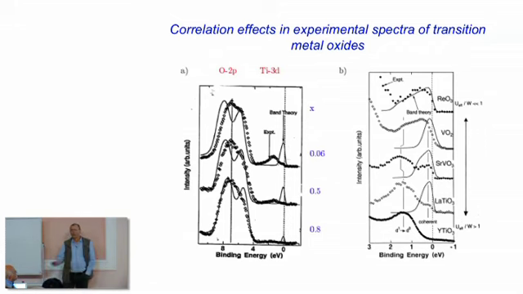LDA can give you only the quasi-particle band. It cannot give you Hubbard bands at all. LDA+U could give you Hubbard bands, but not at the same time quasi-particle. So LDA gives us quasi-particle bands, LDA+U Hubbard bands. Only DMFT can give both. And experimentally, what we observe is both a quasi-particle peak and Hubbard bands.